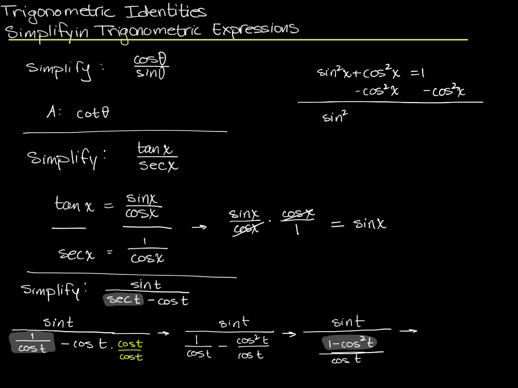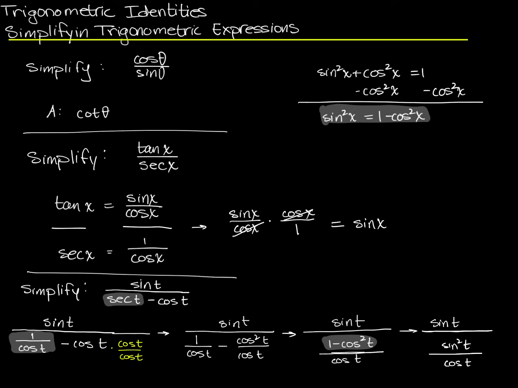I can write sine squared as 1 minus cosine squared, which means I can write 1 minus cosine squared as sine squared. So I'm going to write this now as the sine of t over, there's my cosine of t down there, and 1 minus cosine squared of t is sine squared t.